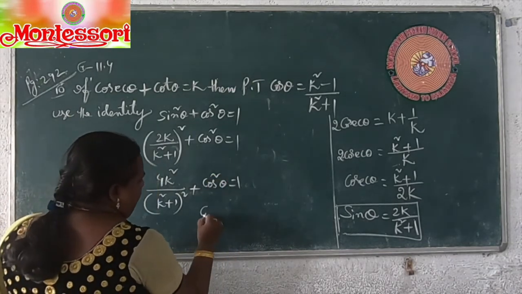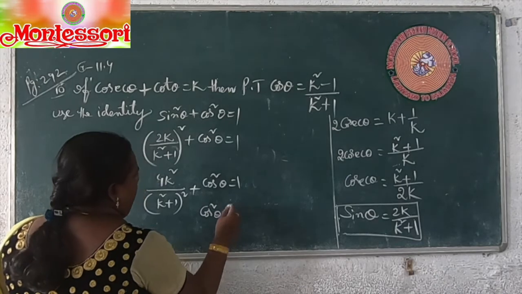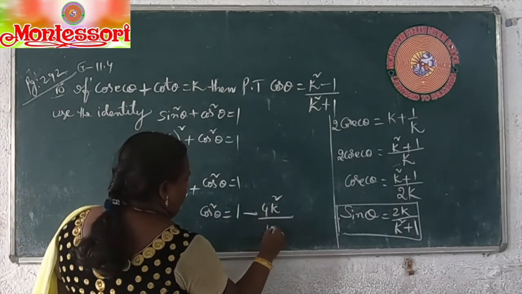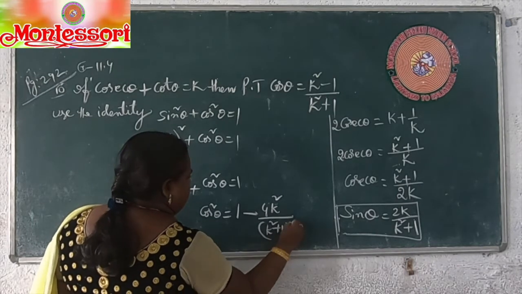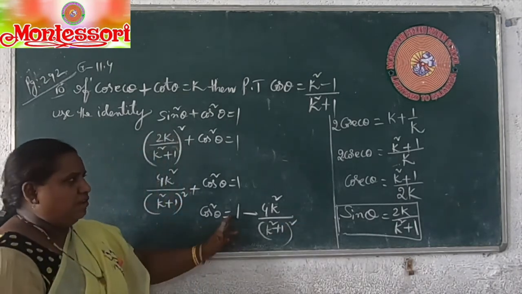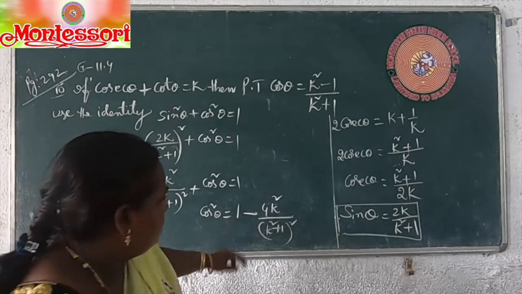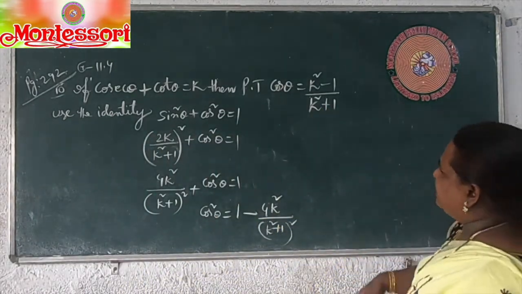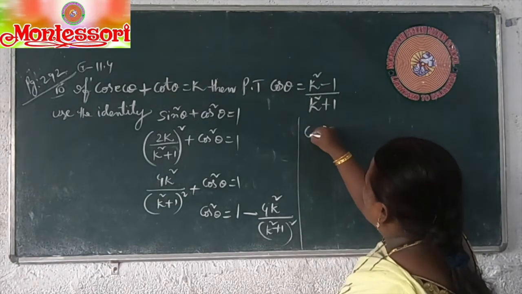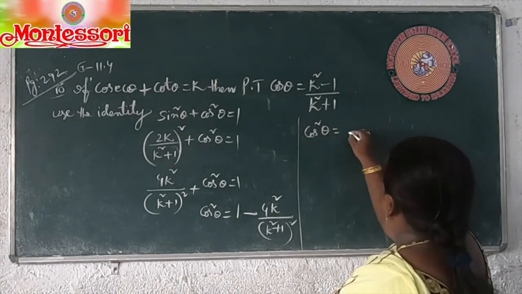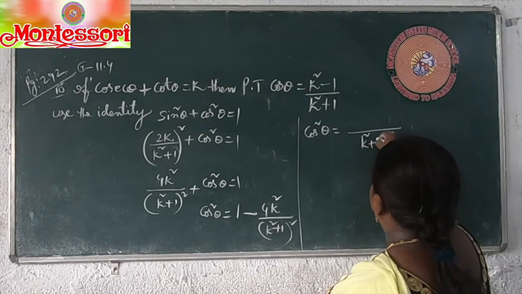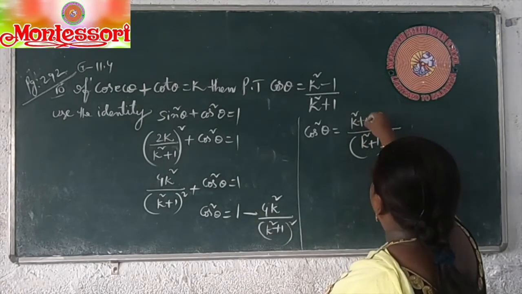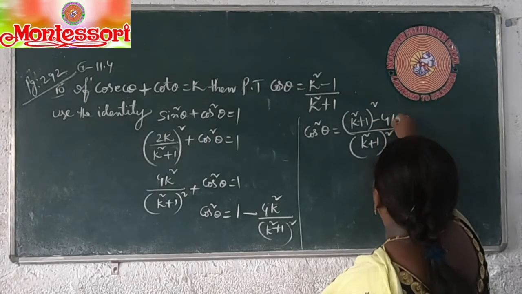So I want cos square theta: 1 minus this full term, take to RHS. So now I want to conclude this. So cos square theta simplification. Cos square theta is equal to, LCM is (k square plus 1) whole square, and this you multiply: (k square plus 1) whole square minus 4k square.